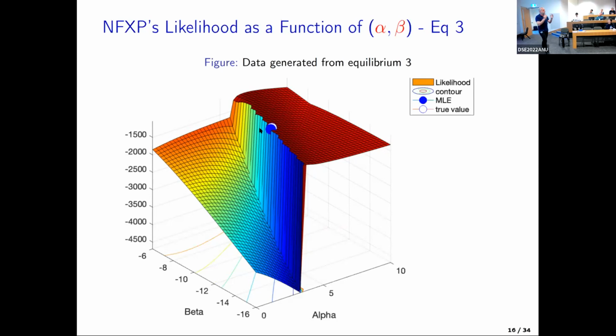So this is not a feature of equilibrium number 2 being an unstable equilibrium. It's a feature of that equilibrium simply not existing for certain values of the parameters. So that's why you also see that problem for equilibrium number 3.